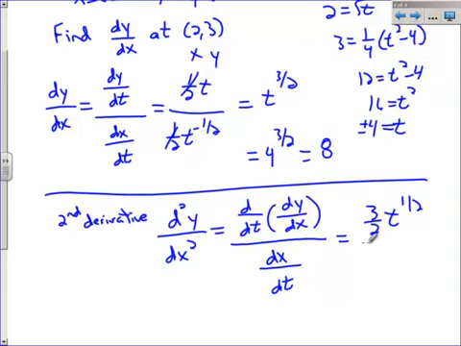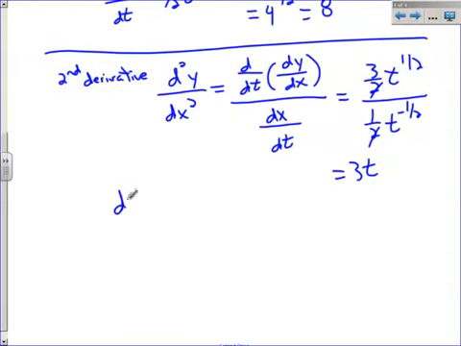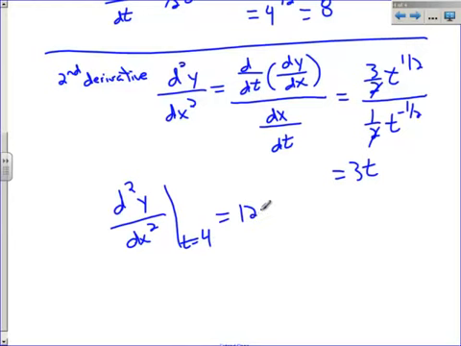And then if we divide that by our dx/dt, which was 1/2 t to the negative 1/2, those 2's are going to cancel, and we get 3t. And so we can find our second derivative evaluated when t equals 4, which is going to be 12. So that's like our concavity.